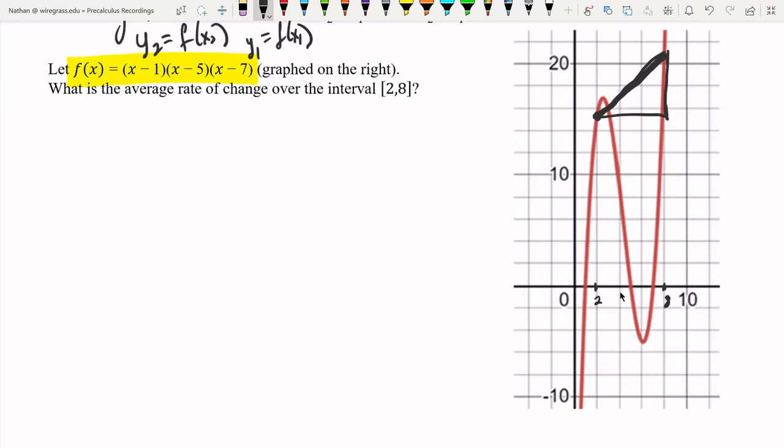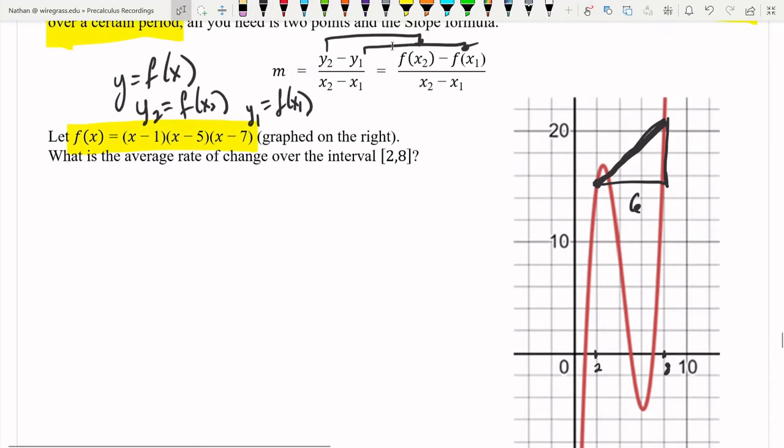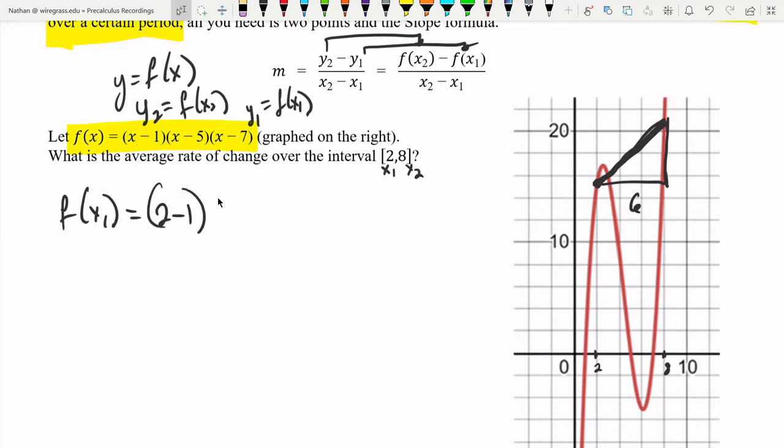What's the slope? Well, all we have to do is find the rise over run. You couldn't actually find that here, right? It's going to be 2 to 8, 6. We don't know what the heights are, though. We can estimate it using the graph, but let's find actual values. All we need to know is the function values at these points. I said f of x2 and f of x1. So this is x1, this is x2. f of x1 is going to be x1's 2, so plug 2 in here: 2 minus 1, 2 minus 5, 2 minus 7.